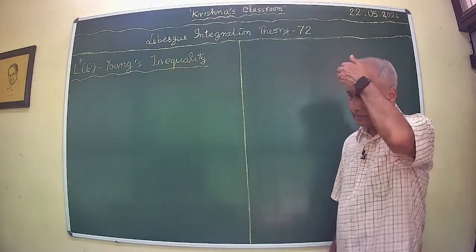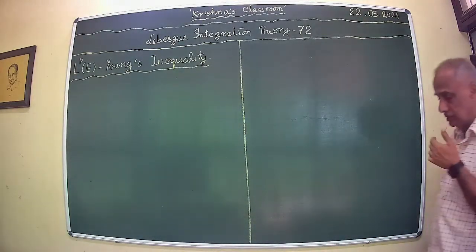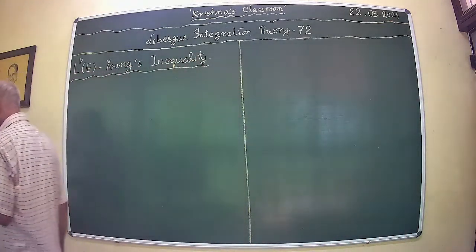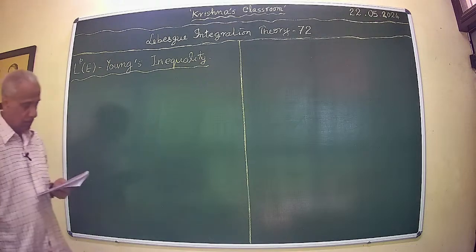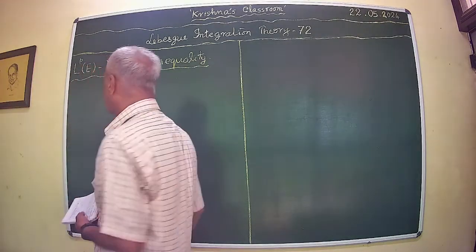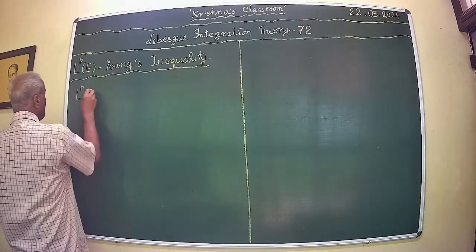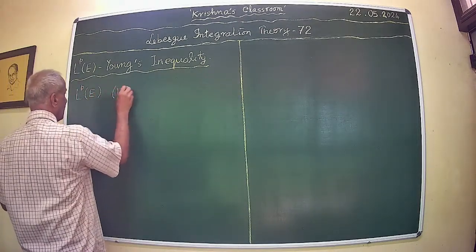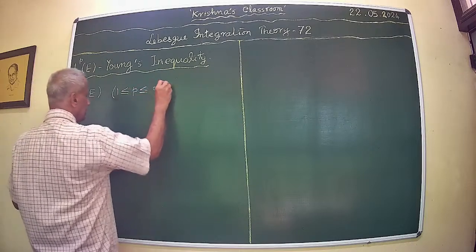In the last couple of lectures, we have considered L1E and LP or L infinity. In fact, our plan was to consider LPE for one less than or equal to P less than or equal to infinity.